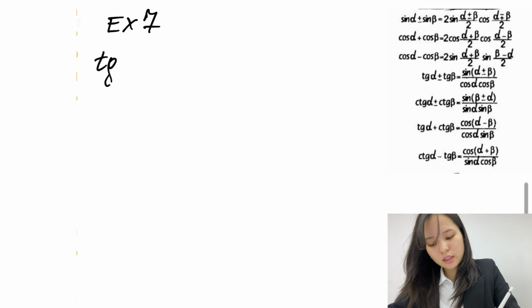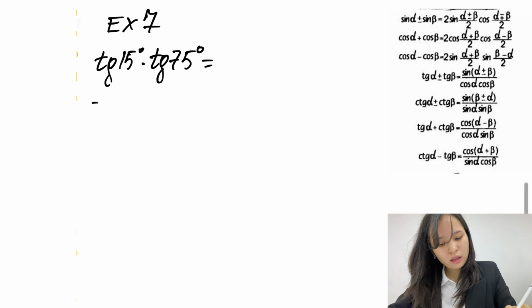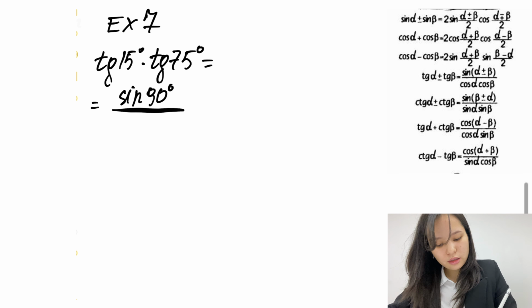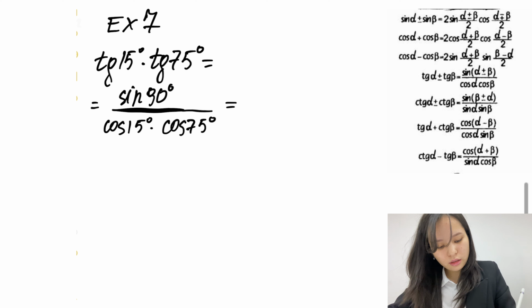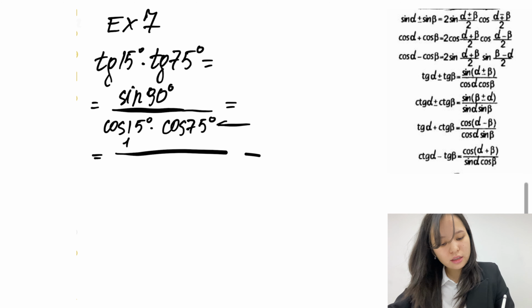It's the given tangent 15 degrees multiplied by tangent 75 degrees. Look at the formula, it will be equal to sine 90 degrees divided by cosine 15 degrees multiplied by cosine 75 degrees. Sine 90 degrees is equal to 1, and this is the product to sum formula.